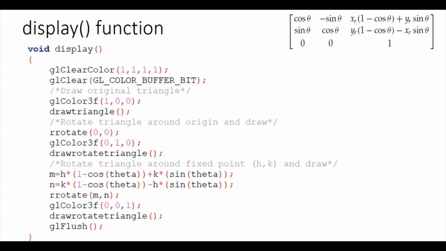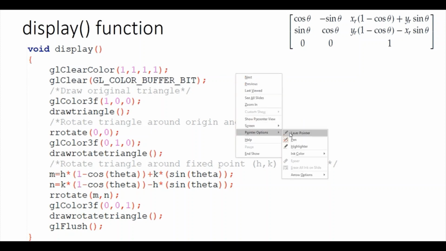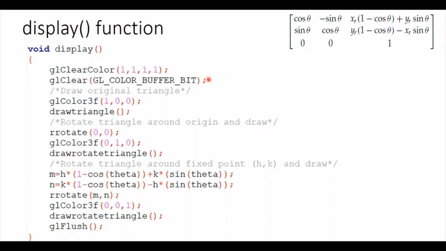Now see, this is what the complete display function would look like if you want to do both rotation around a fixed point as well as rotation around the origin together. Now what have we done? We are doing background coloring and then setting the foreground color to red.